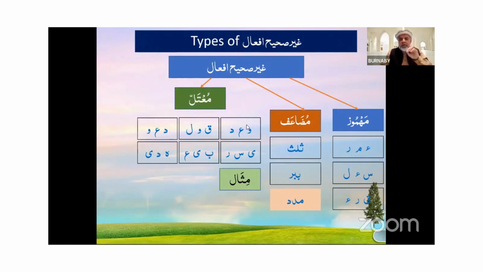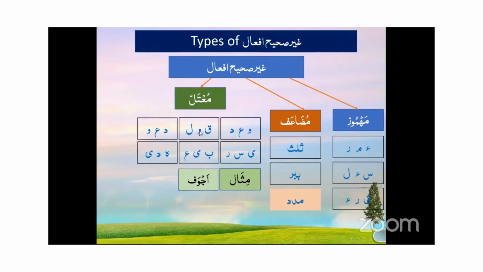So when you have the weak letter at the fa kalima position, those kind of verbs have a name called misal. When you have the weak letter at the ain kalima, the name is ajwaf.